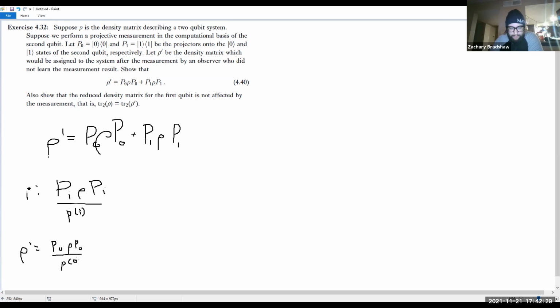And we get that with probability of 0, so we multiply it by the probability of 0. And then do the same thing with 1 and add them together. But then the probabilities cancel. Yeah.